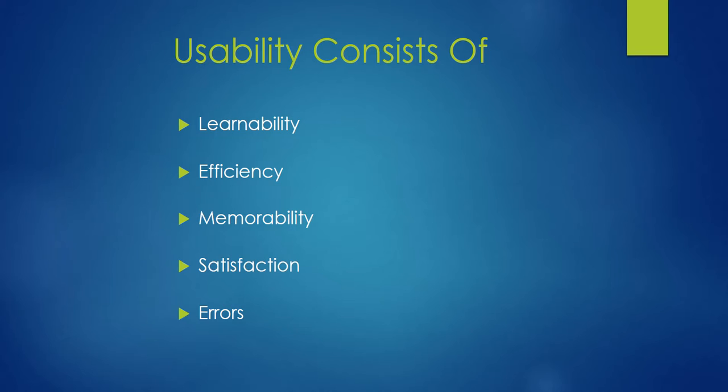So usability consists of five main components. The first is learnability, and this is how easy it is for a user to accomplish a certain task on your website on their very first visit. Efficiency is next, and it has to do with how quickly a user can complete a certain task after they familiarize themselves with the website design.